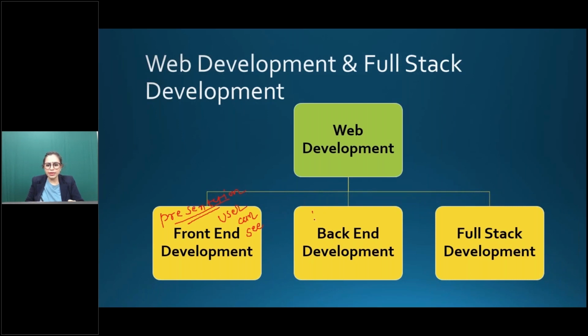Backend development is basically the process of handling a request. So whatever we understood in the previous one, I am just trying to cover here. Front end development is the user interface. Backend development processes the request which is coming from the front end.